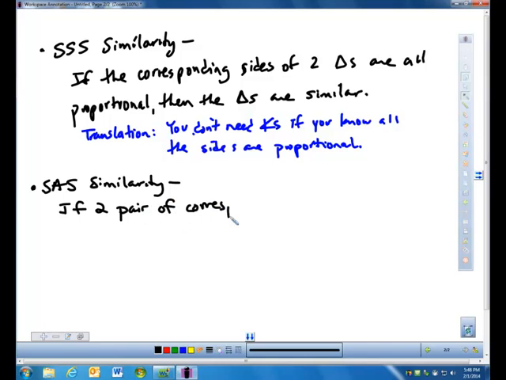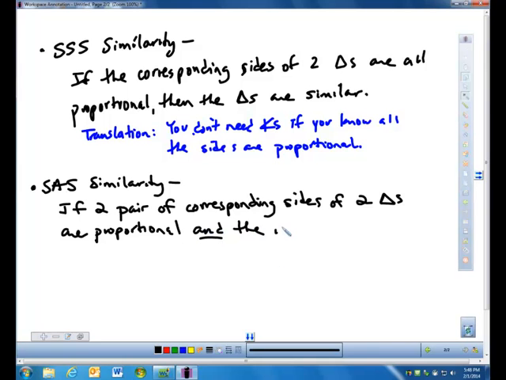So if you have 2 pairs of corresponding sides that are proportional, and the included angle, remember, the included angle is the one that comes in between those sides, is congruent in each triangle, then the triangles are similar. It's really important that the order of these parts is exactly this order as you show your work.